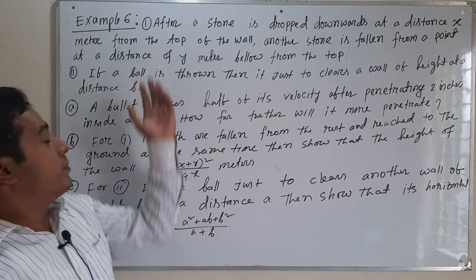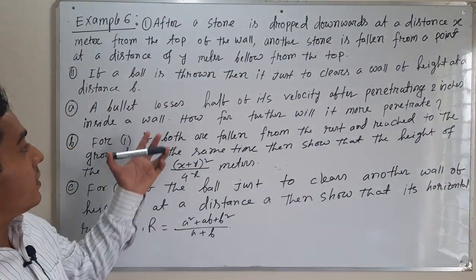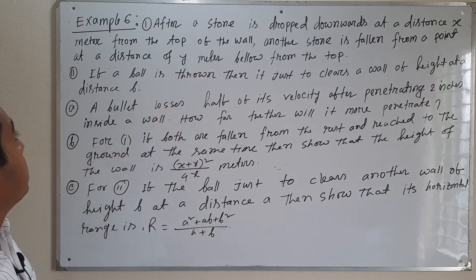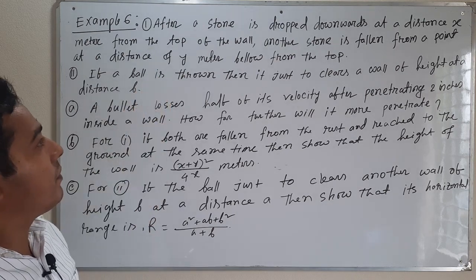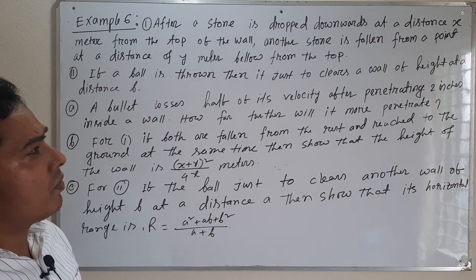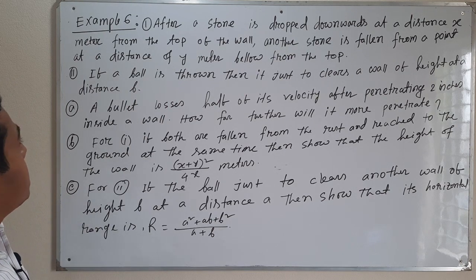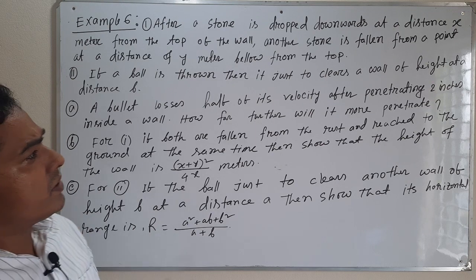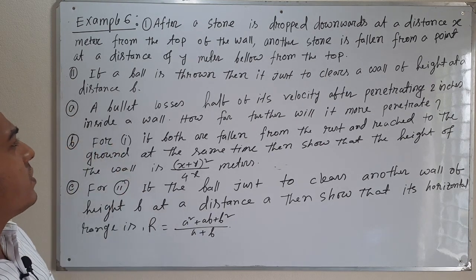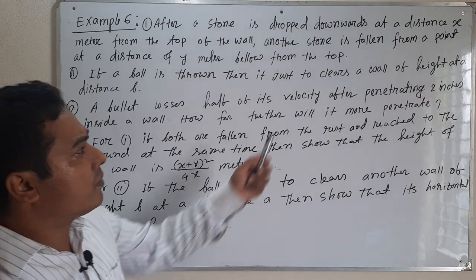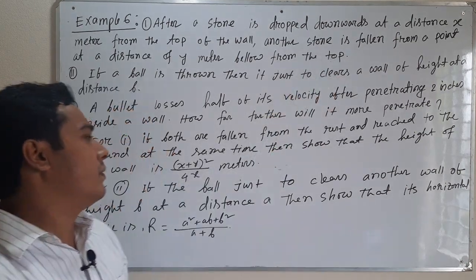Okay. Now example 6, it's a creative question. Example 6, number 1. First information: after a stone is dropped downwards at a distance x meter from the top of the wall, another stone is falling from a point at a distance of y meter below from the top.